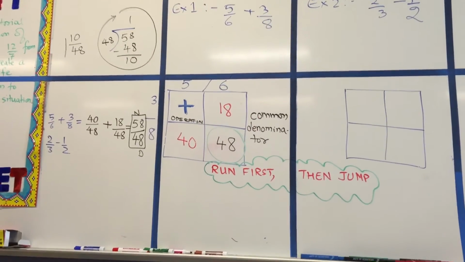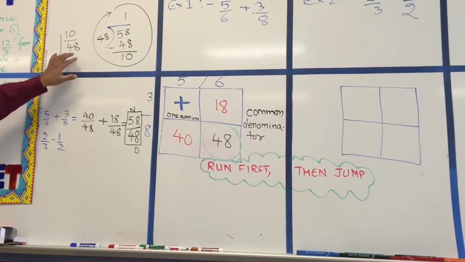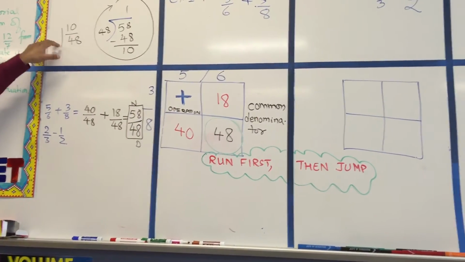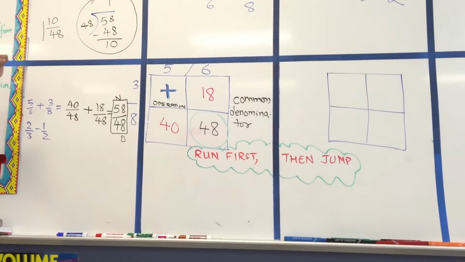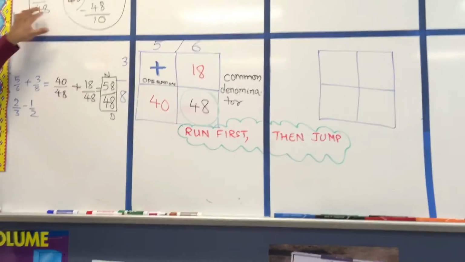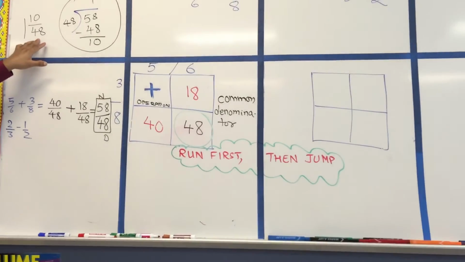Still, am I done or not, Yasmin? No. What am I missing? I have 1 and 10/48. I have to simplify. So I always say this: leave the whole number alone and simplify the fraction part. So Kaya, what do you think you will do? Divide by 2.